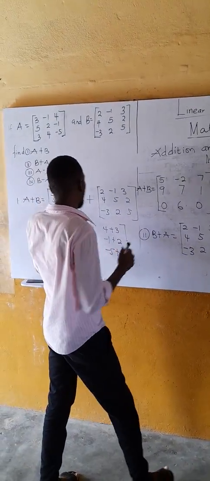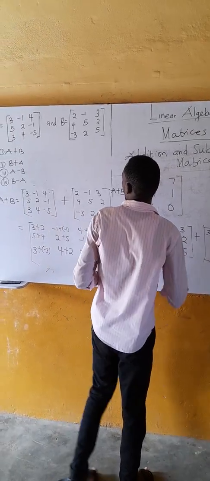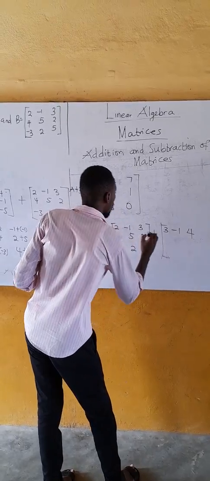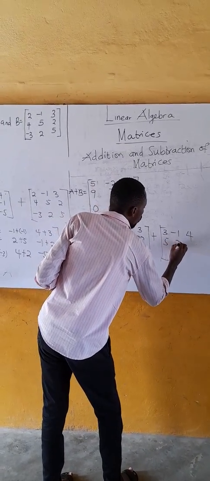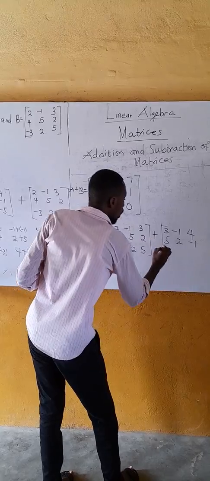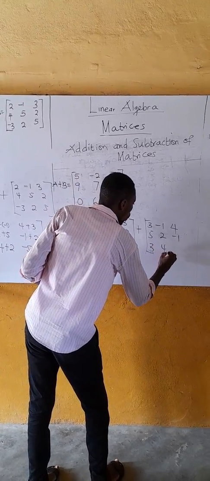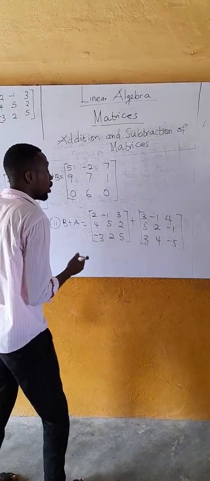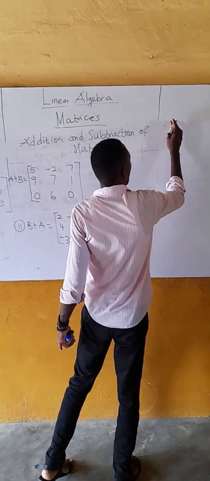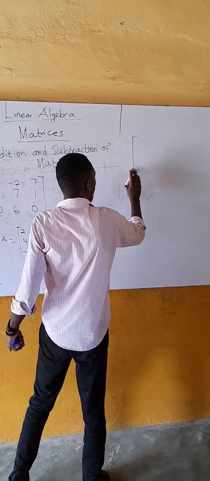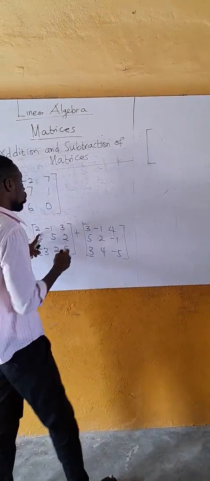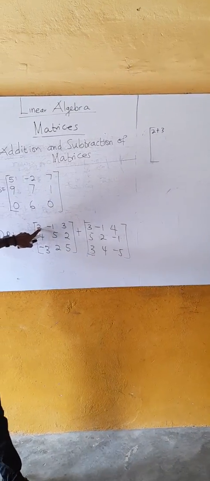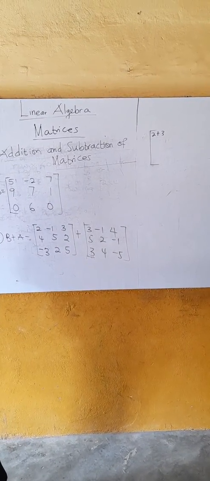The A is 3, negative 1, 4, 5, 2, negative 1, then 3, 4, negative 5. So how do we add them? Let's come to this side. How do we add them? 2 plus 3. I hope you get that.